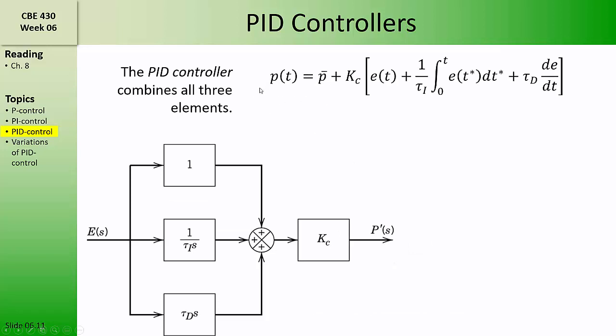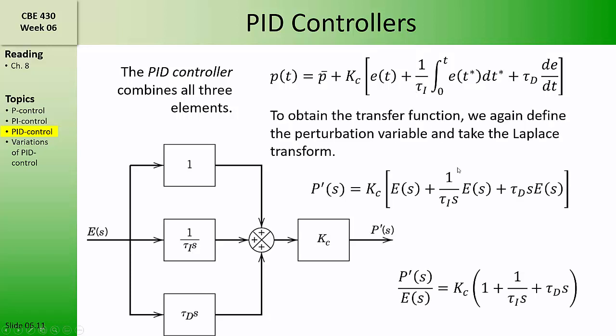In the time domain, the PID controller calculates the output by adding the bias to a term that's proportional to the error, proportional to the integral of the error, and proportional to the derivative of the error. This can be represented in the Laplace domain by the block diagram shown here. The error signal, its integral, and its derivative are summed, and that sum is multiplied by the controller gain Kc to compute the controller output.